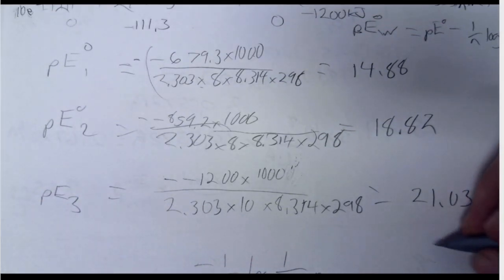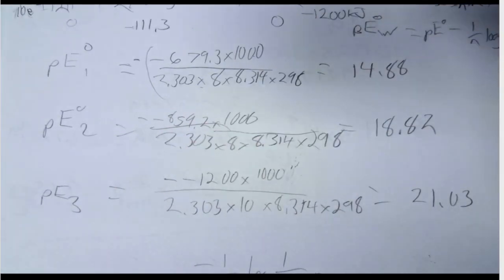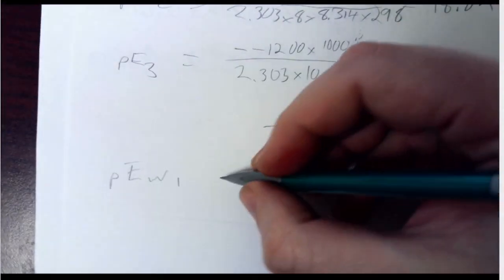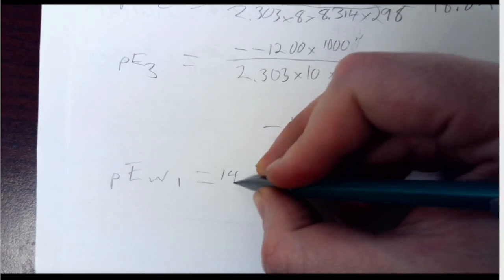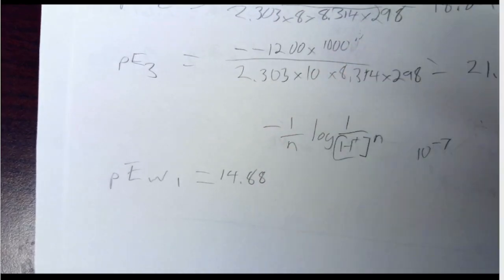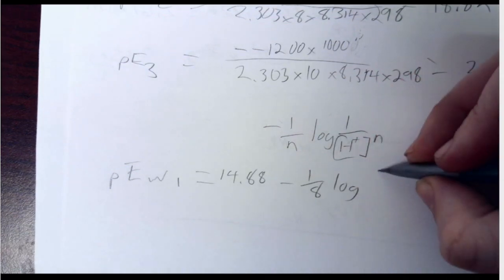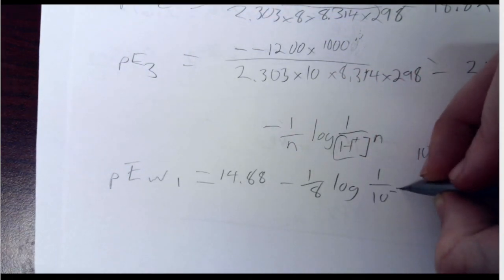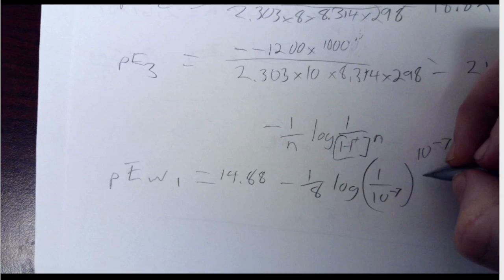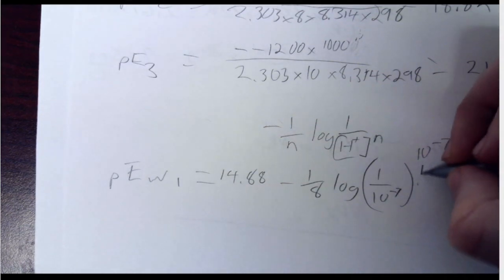So for the first one, for the PE of the water 1, that's 14.88 minus 1 over 8 log of 1 over 10 to the negative 7th raised to the power of, there's 10 protons.